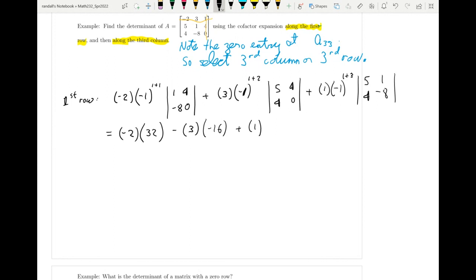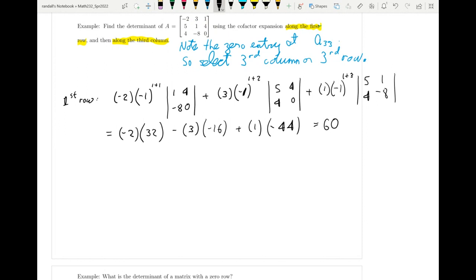And the M13 term is the determinant of that submatrix, which looks like it's -44. You can confirm: it's 5 times -8, so -40, -4, so -44. And that turns out to be 60. So that's our computation of the determinant of A using expansion across the first row.